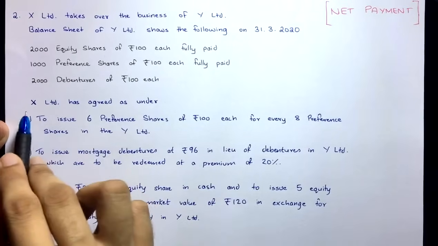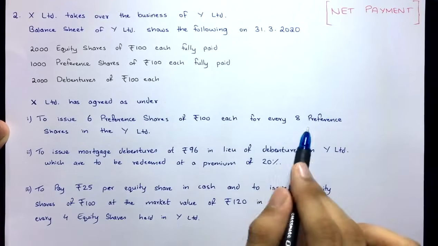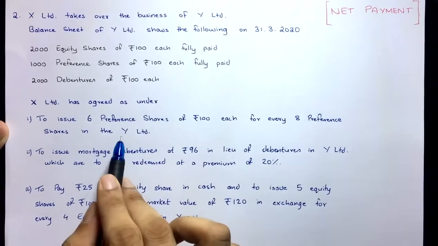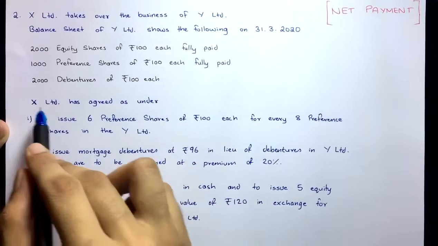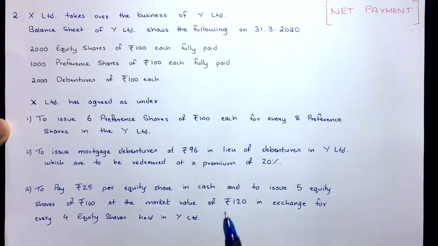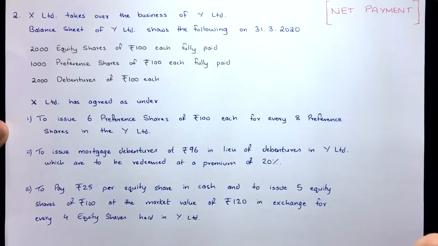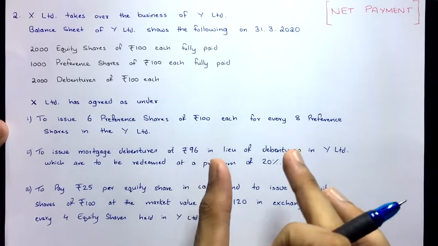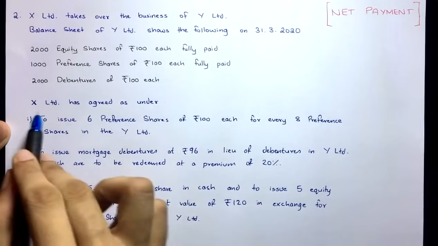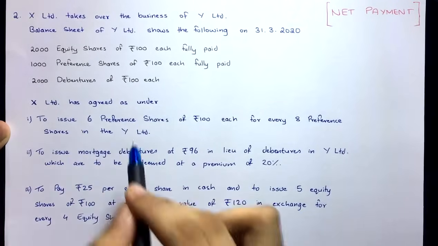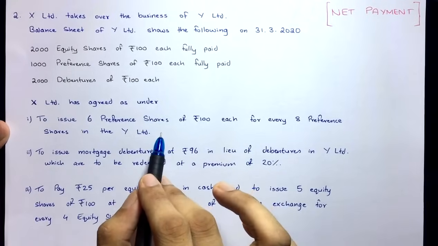Here X Limited is saying to the preference shareholders of Y Limited, if you have 8 preference shares in your company, then we are going to give you 6 preference shares in our X Limited company. So this is the ratio, 6 for every 8. This is the exchange ratio. Don't worry, we will see how to do this.